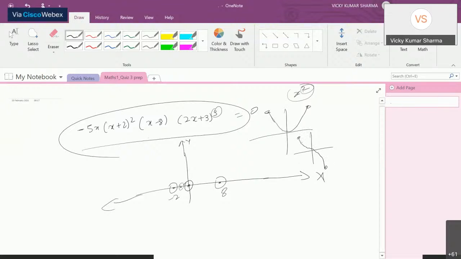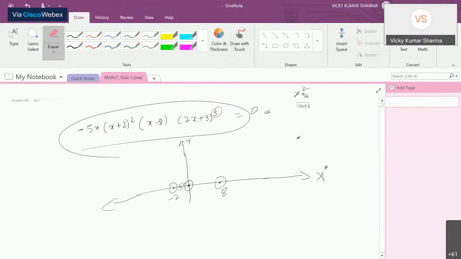If you see the power here, this is going to be 7, so the endings would not be on the same side. And you can determine, when you divide this entire thing, this is going to be a negative one. We know for x cube how the graph looks, right?